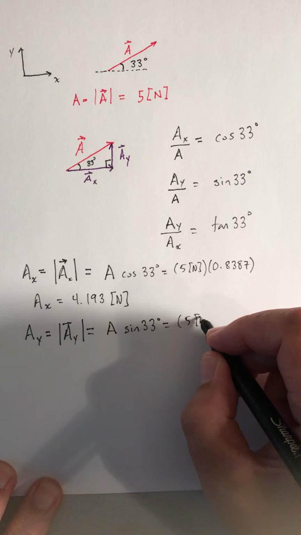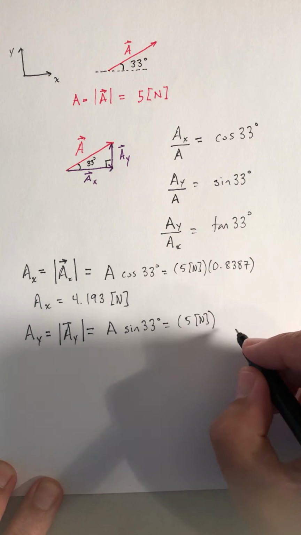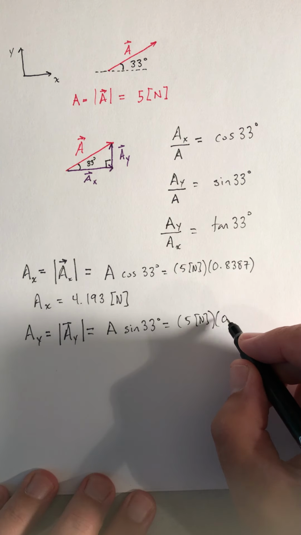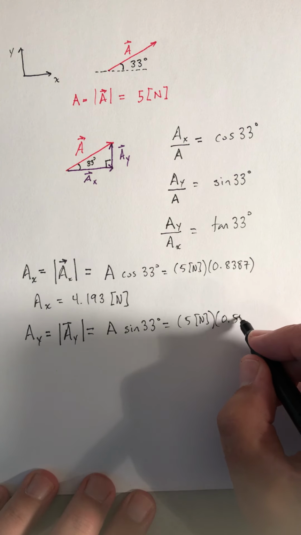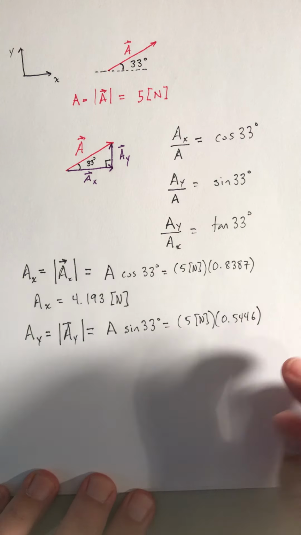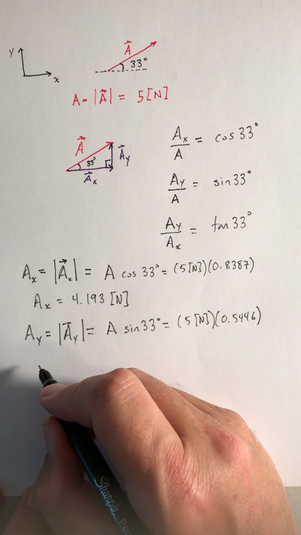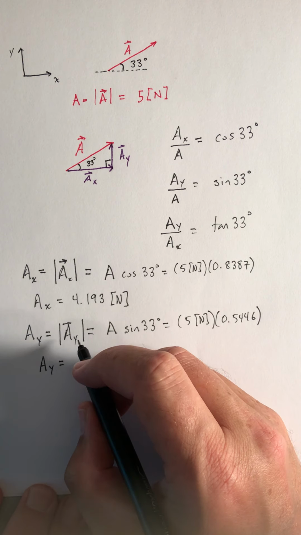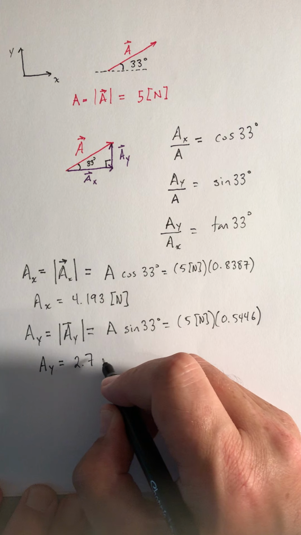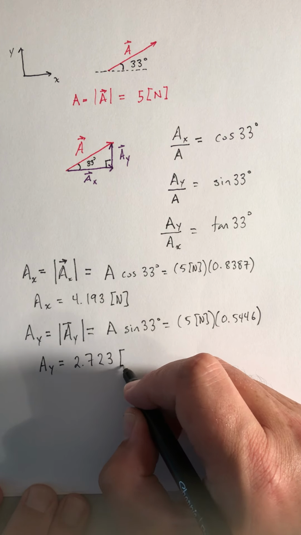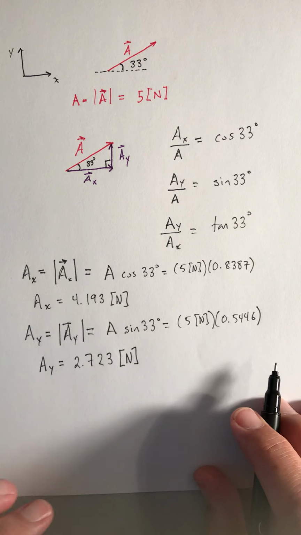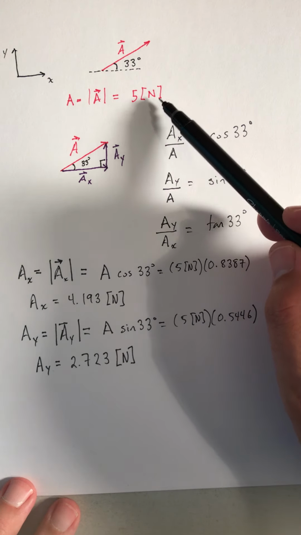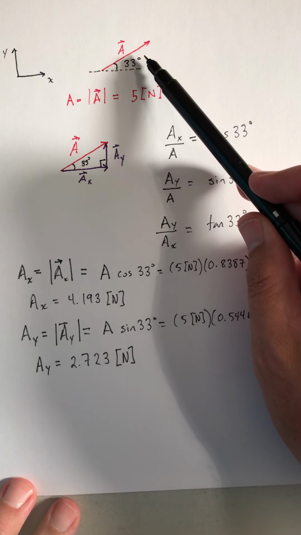So that's 5 newtons, and then keeping the same 4 digits, sine of 33 is 0.5446. And that tells me that the y component of the vector A is 2.723 newtons.